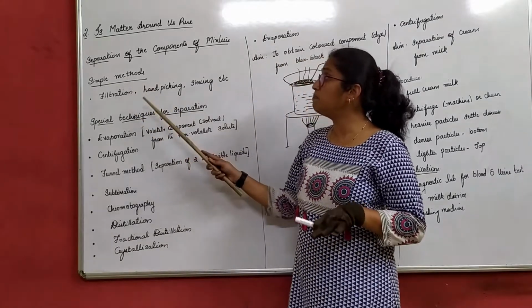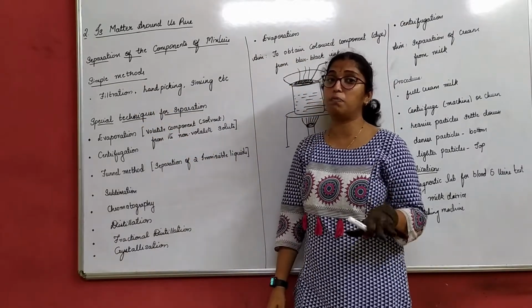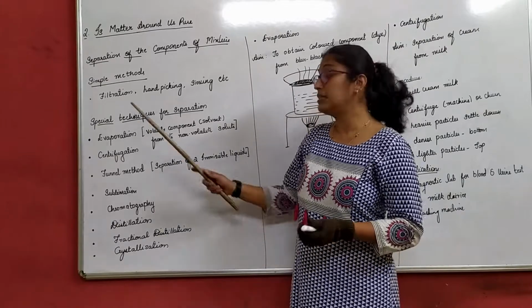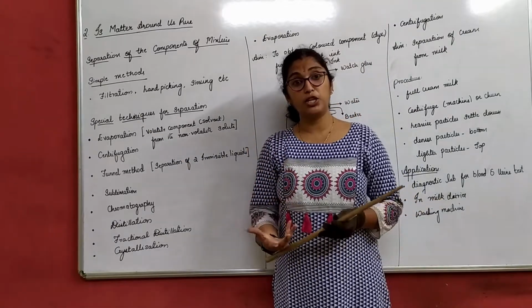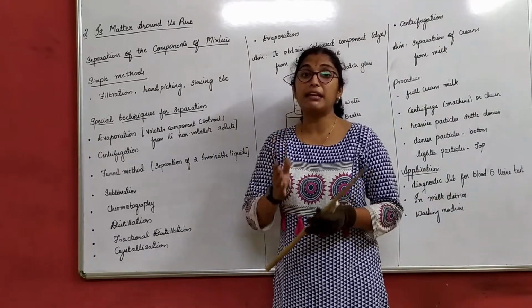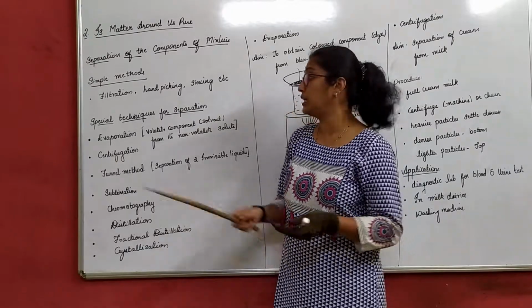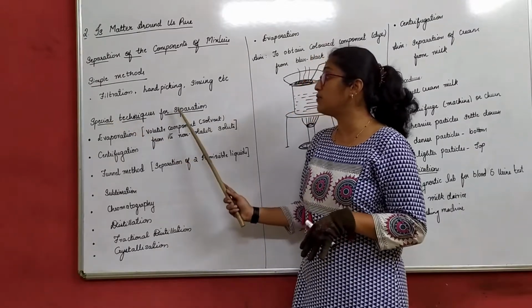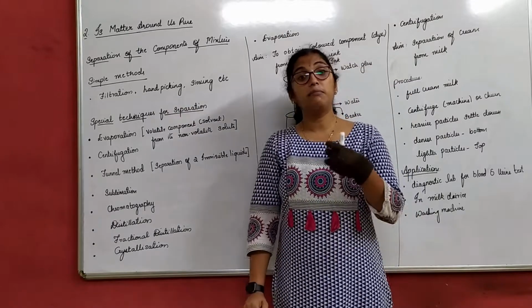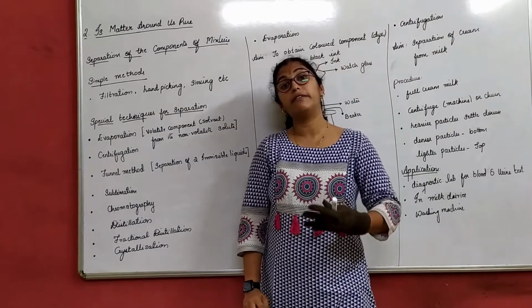These are the simple methods of separating the components of a mixture, but some complicated mixtures will require specialized technical methods. Some special techniques for separation. That means the methods which we cannot do physically at our home.